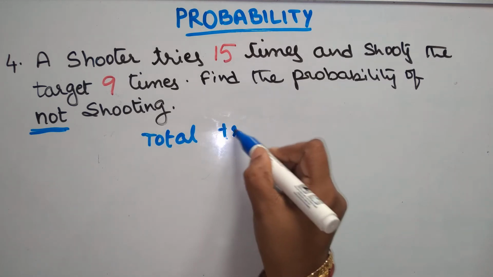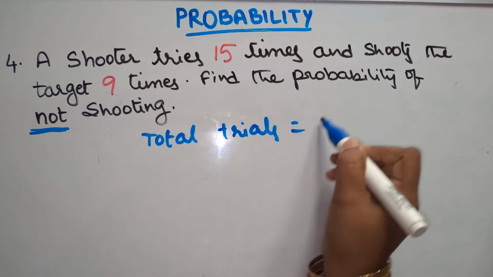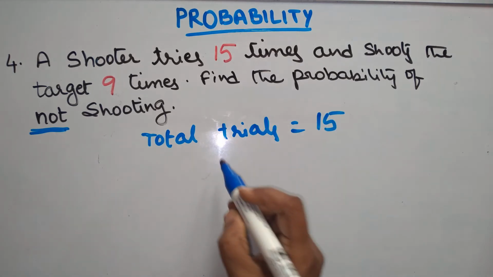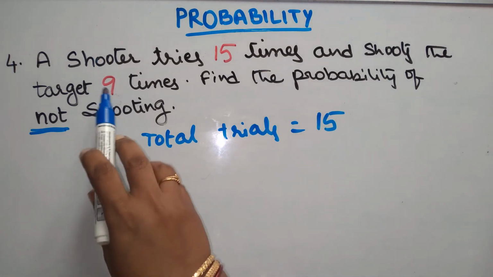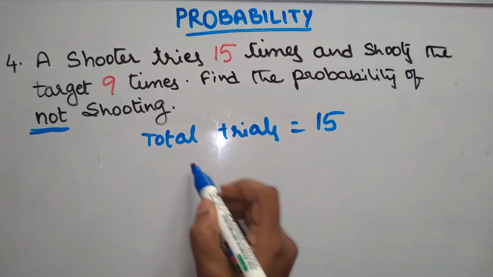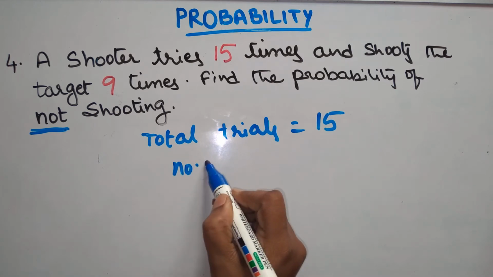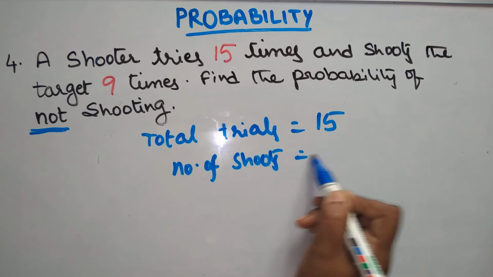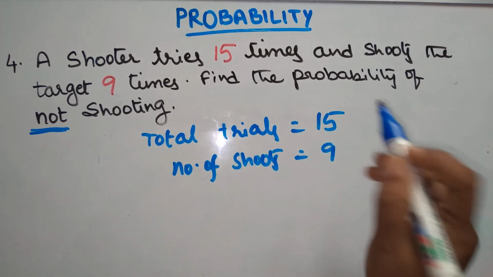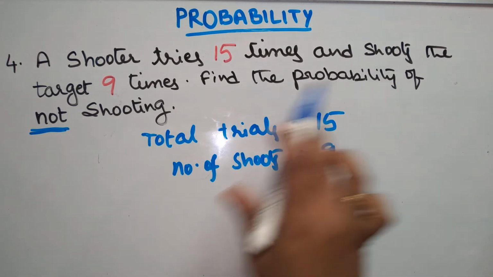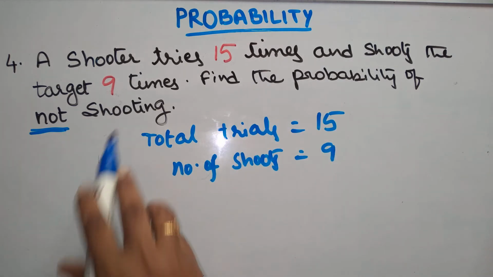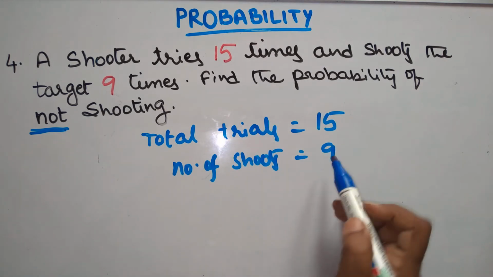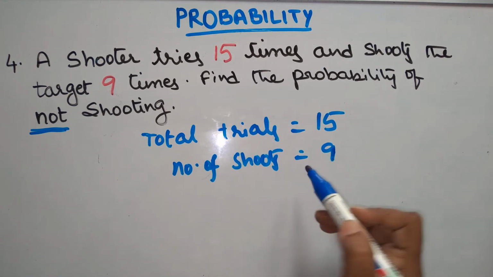Total trials is equal to 15, and 9 times he shoots. So number of times he shoots is equal to 9 times, but we have to find the probability of not shooting. So shooting we know, but not shooting we don't know.